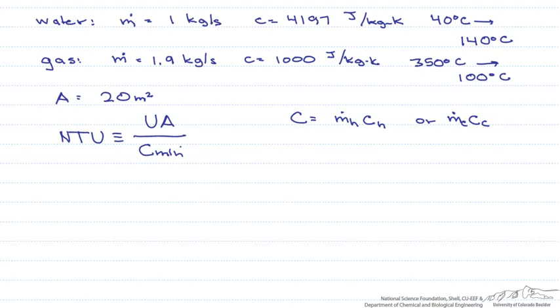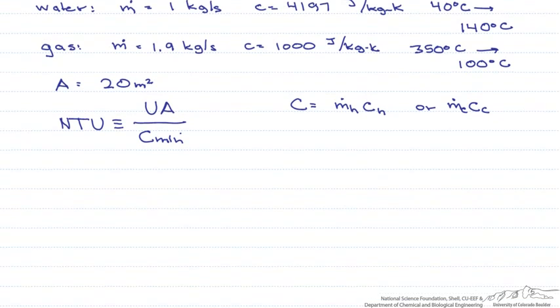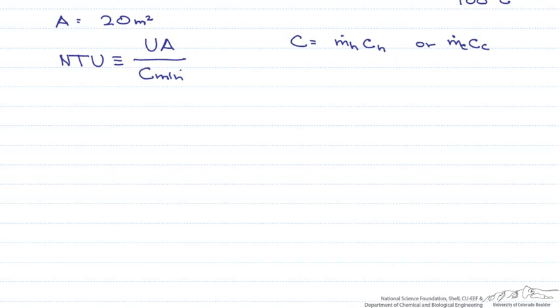You calculate those heat capacity rates, and C min is the one that is the smaller of the two. Our U is going to equal NTU times the C min divided by the area.